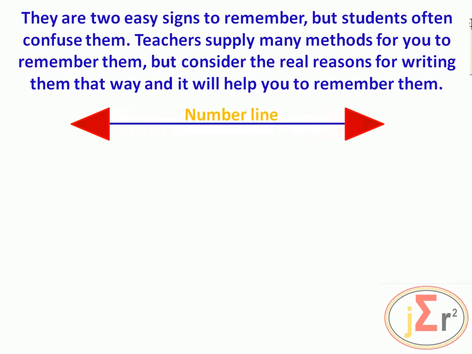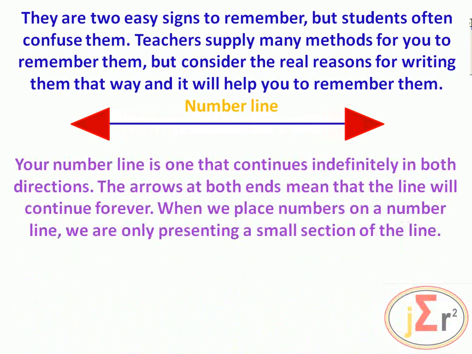So there we have our number line. Your number line is one that continues indefinitely in both directions. The arrows are at both ends, and they mean that the line will continue forever. When we place numbers on a number line, we are only presenting a small section of the line.